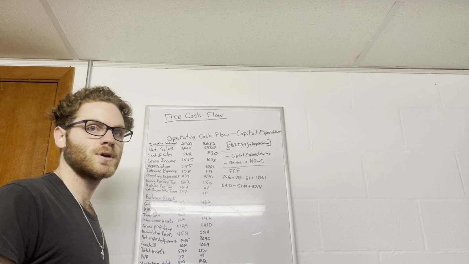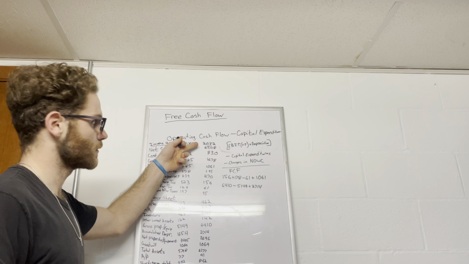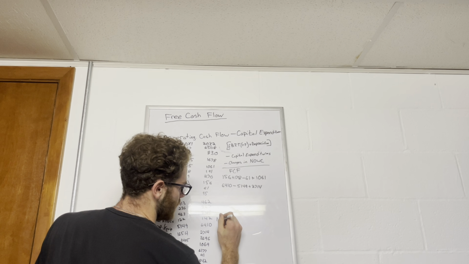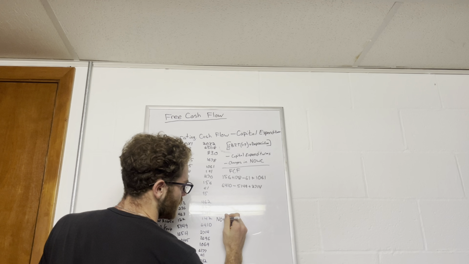And then you can move on to your changes in working capital. For net operating working capital for 20x2, let's go down here, leave a space to finish the problem.